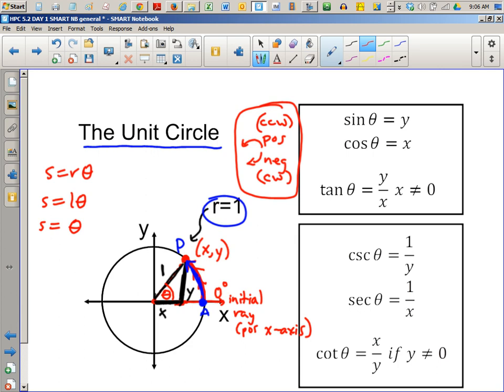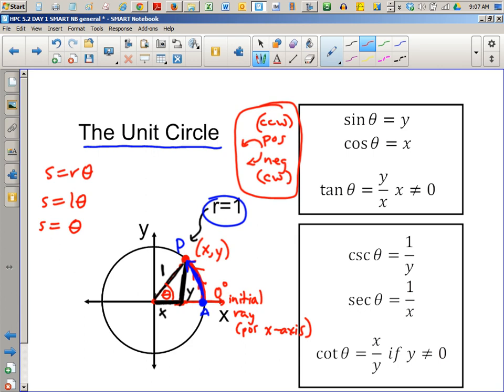Look at the triangle. Is it 1, x, or y? Come on, guys, look at the angle. I just marked it. It's right here. The opposite leg is y, and the hypotenuse is 1. And so opposite over hypotenuse is y over 1, also known as y. So sine theta is y.